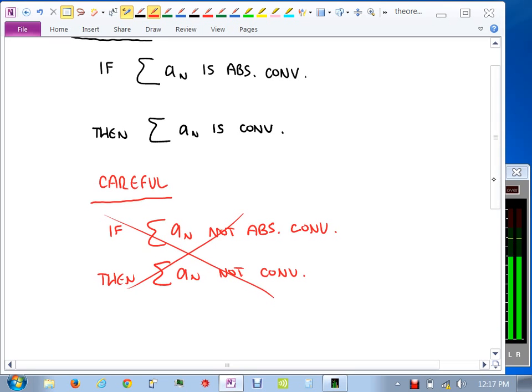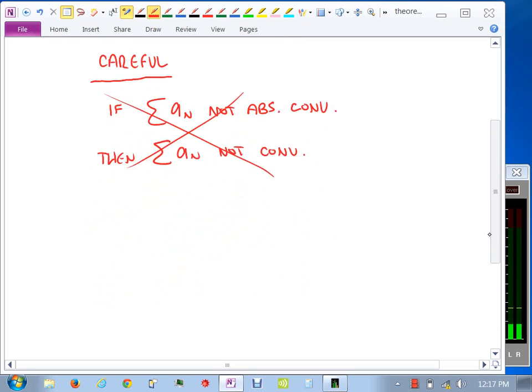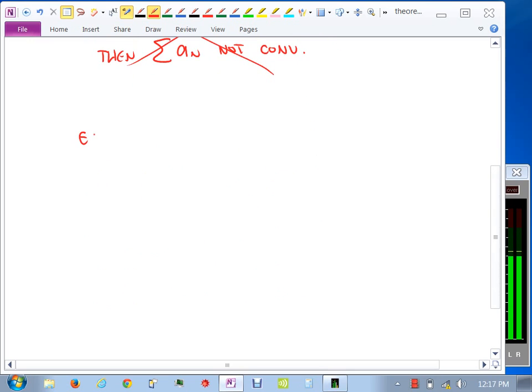So I'm going to give you an example now of how we can use this theorem. Example. Look at the sum n equals 1 to infinity of sine n over n to the fourth.